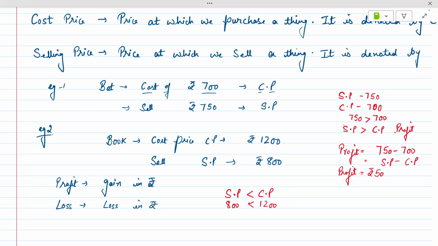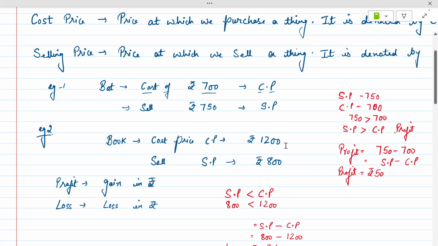So the difference of SP and CP will give us the loss in this case because selling price is less. So this is 1200 minus 800, which is 400. So our loss is rupees 400 in this case, because we are selling at a lower price than the cost price.